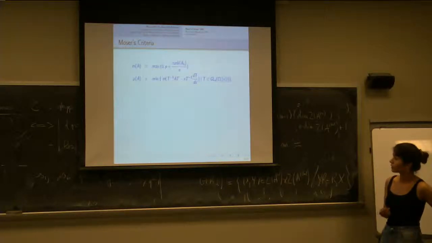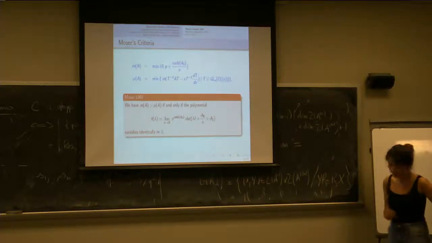Moser defined two rational numbers: the Moser rank m(A), which is the Poincaré rank plus the rank of the leading matrix A0 over n, and mu(A), which is an invariant of the system. It is the lowest Moser rank that can be obtained upon any change of basis.